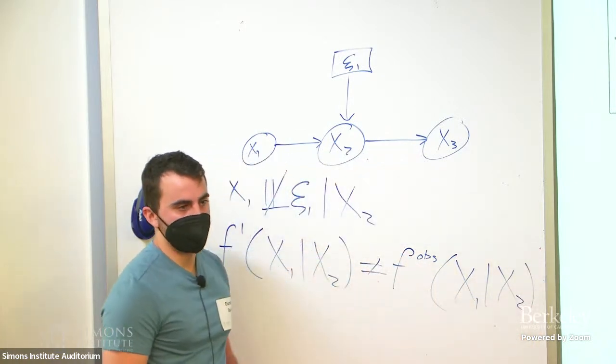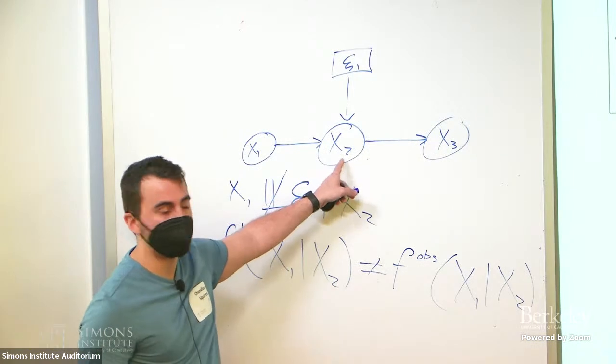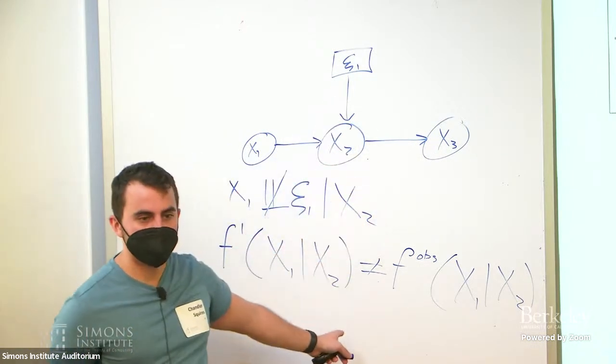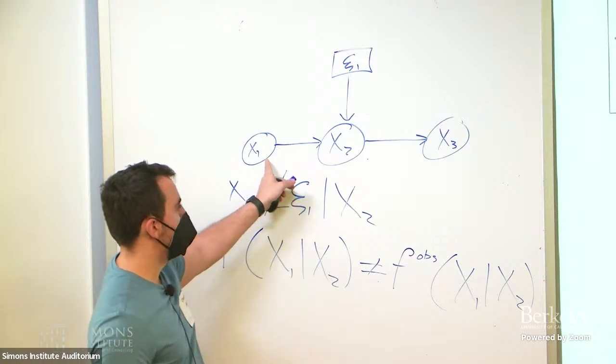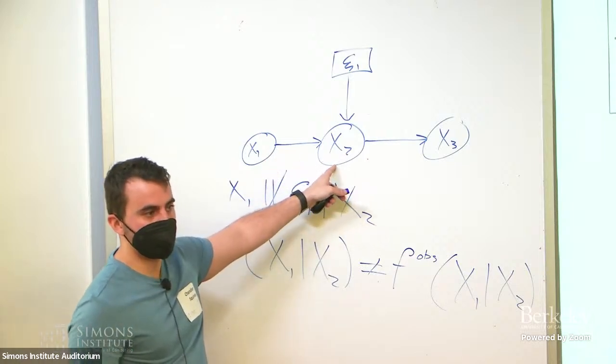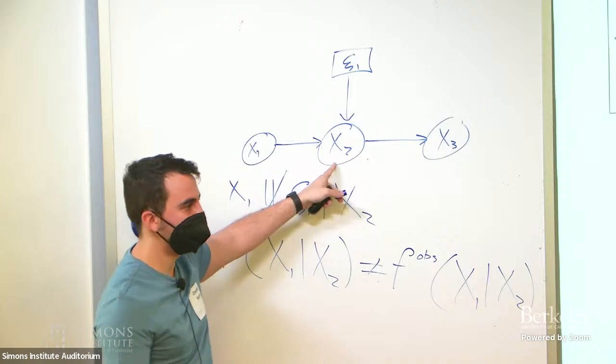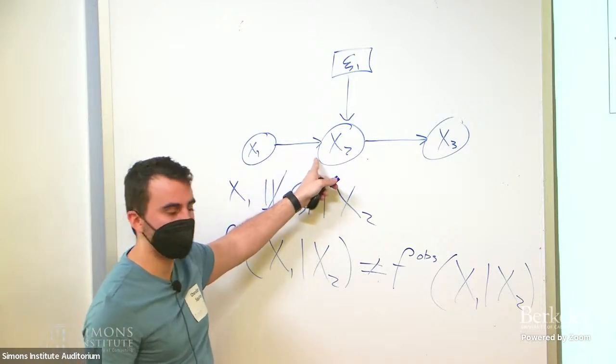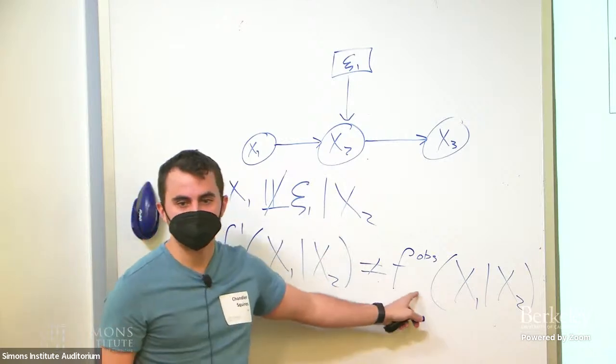So if you think about this being, say, a perfect intervention, it is pretty clear that if previously x1 depended on x2, now we cut off that dependence. Now it is independent of x2 in this distribution, but not in this distribution.